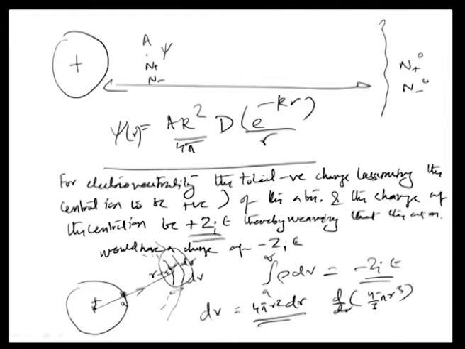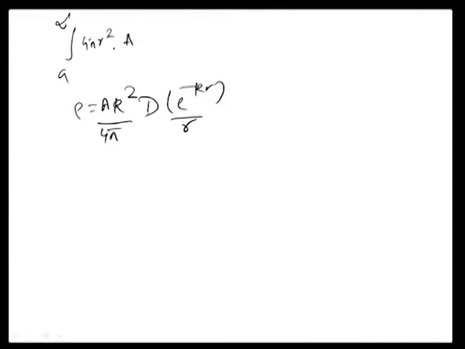And so, therefore, the volume integral from a to infinity of 4 pi r square times rho, the charge density, which has been represented earlier as A square of k by 4 pi D times e to the power of minus kr by r, times dr. Okay. So, that is equal to minus ZIE.